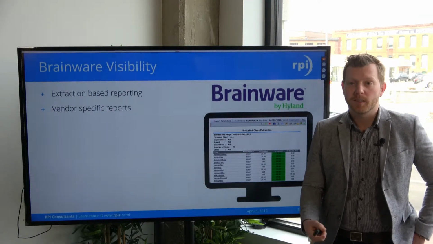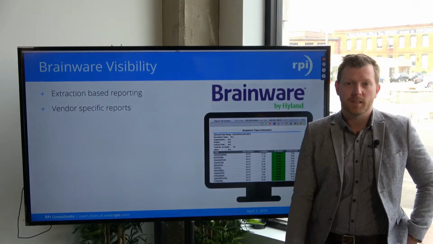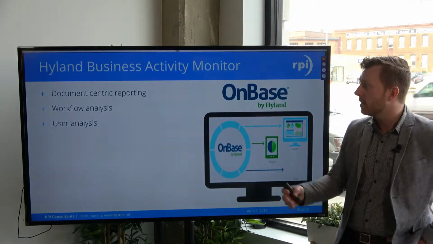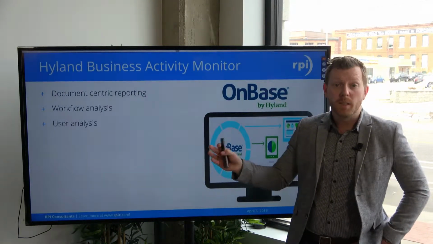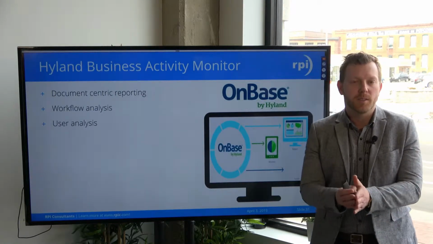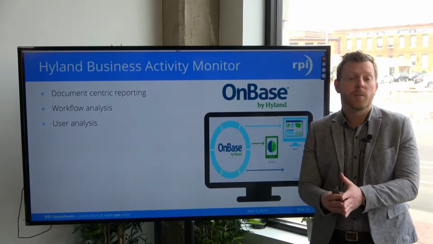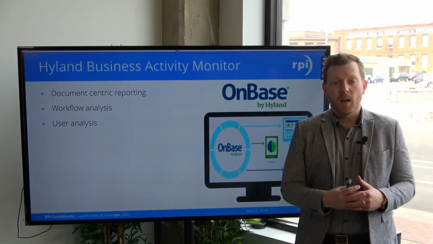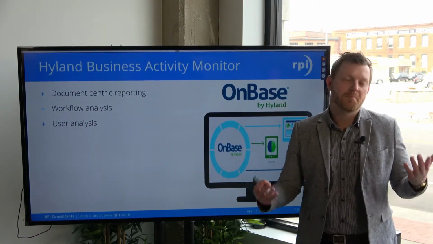You identify areas to improve that extraction process. And then Highland Business Activity Monitor is similar to Perceptive Business Insight, where it's document-centric reporting with great workflow and user analysis to see what's going on in your system, what you've processed, what's in flight, things like that.